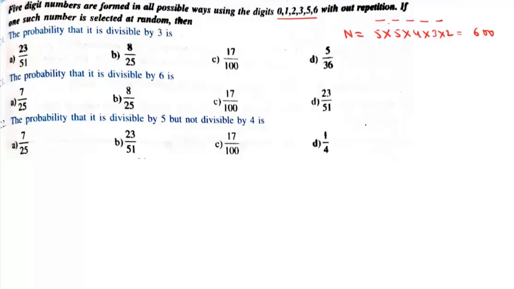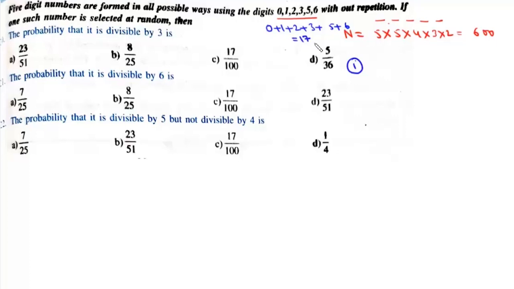Now in the first case, it says find the probability that the number is divisible by 3. Now it will be divisible by 3 if the sum of the digits is divisible by 3. If we look at the sum of all the digits, it is 1 plus 2 plus 3 plus 5 plus 6, there will be 12, 12 plus 5, 17.